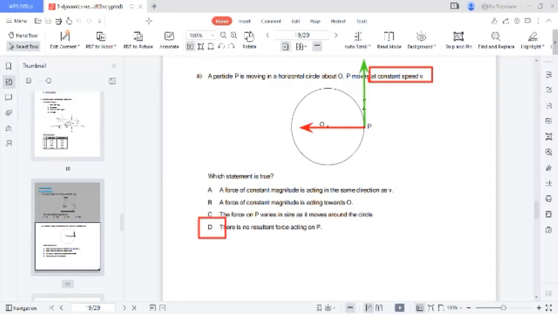An object moving along a circular path will feel some centripetal force which would be acting in the inward direction. As a reaction force, suppose the red one is the centripetal force. So in order to counter this force, there would be a centrifugal force acting in the outward direction. So the inward is centripetal force and the outward is centrifugal force. So the resultant is 0. Then the object can move with a constant speed or velocity.